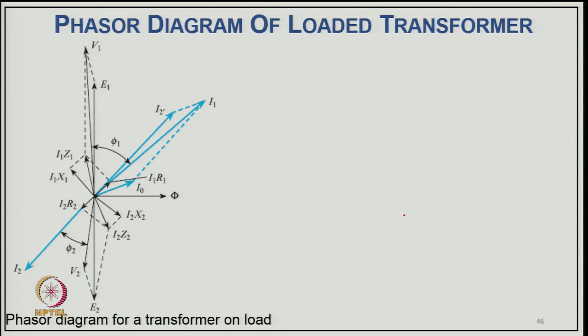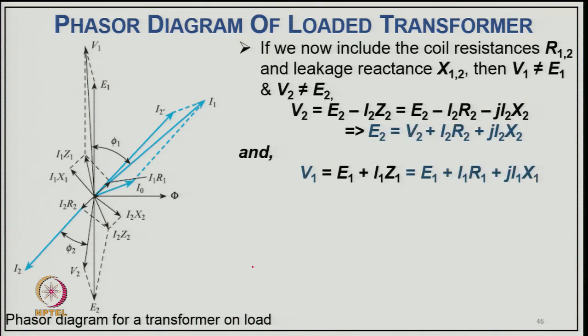And this is the practical transformer where all the components are included in this phasor diagram. I mean, the no load current is also included, as well as the leakage reactance, as well as the resistance of the winding, from which we can derive the relation: the coil resistance R 1 R 2 and leakage reactance X 1 X 2. So, here we cannot say that V 1 equal to E 1 and V 2 equal to E 2.